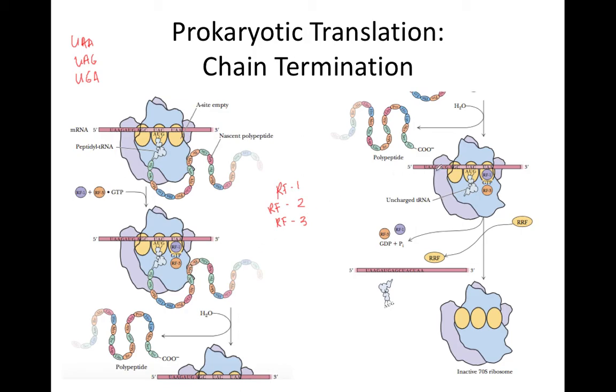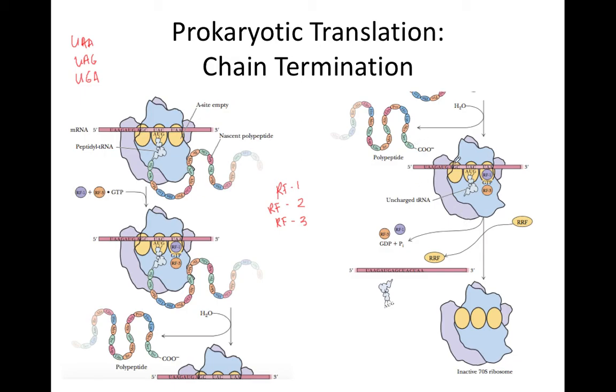So once GTP is hydrolyzed, it converts the peptidyl transferase in the P site into a hydrolase, meaning now your polypeptide chain will be transferred to a water molecule instead of to another tRNA. In doing so, the polypeptide chain is released into the cellular environment.